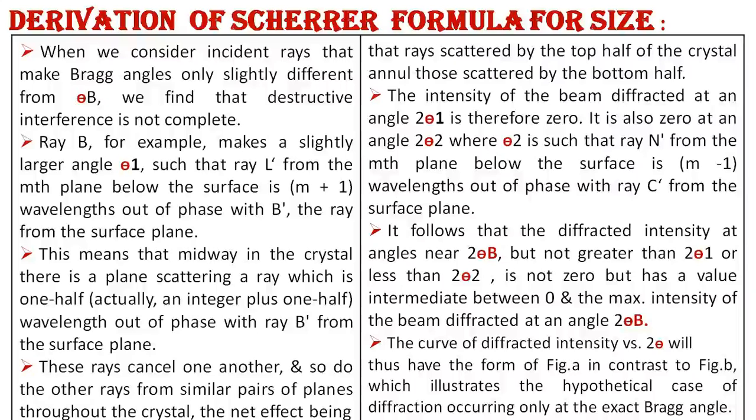It follows that the diffracted intensity at angles near 2 theta B, but not greater than 2 theta 1 or less than 2 theta 2, is not 0 but has a value intermediate between 0 and the maximum intensity of the beam diffracted at angle 2 theta B. The curve of diffracted intensity versus 2 theta will thus have the form of figure A, in contrast to figure B, which illustrates the hypothetical case of diffraction occurring only at the exact Bragg angle.